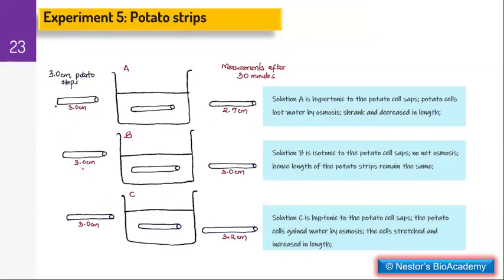If we cut out 3.0 centimeters of potato cylinders and place them in different solutions, you can observe that on average, the pieces placed in solution A give you an average length of 2.7 centimeters. Maybe in solution B, you get 3.0 centimeters, and the ones placed in C being 3.2 centimeters.